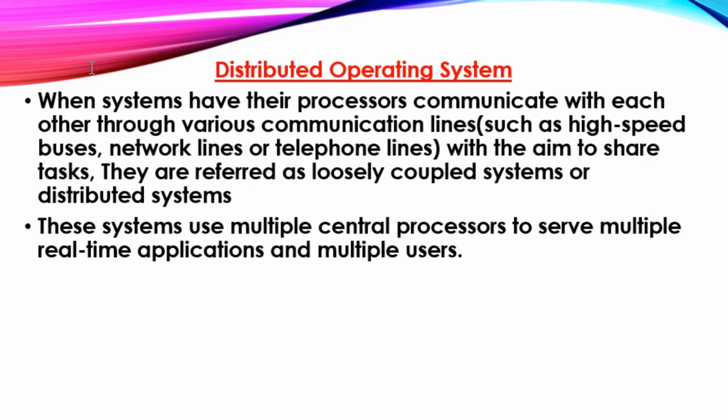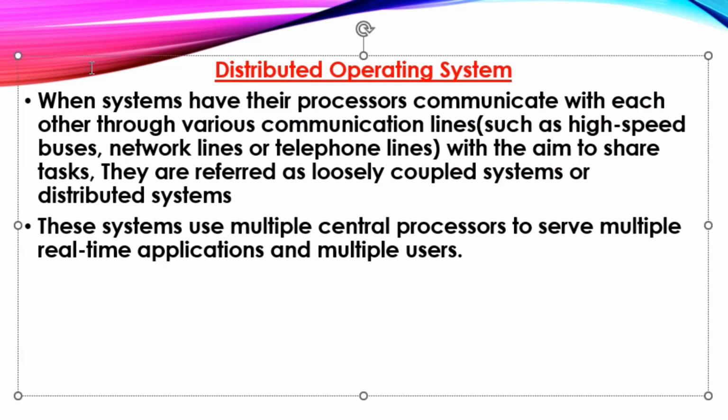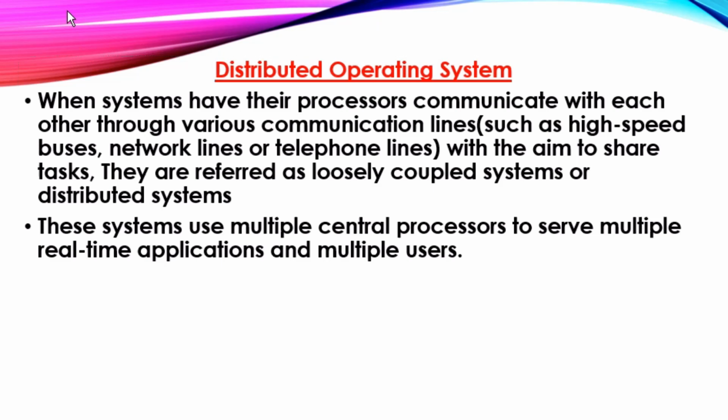When systems have their processors communicate with each other through various communication lines such as high-speed buses, network lines, or telephone lines with the aim to share tasks, they are referred to as loosely coupled systems or distributed systems. These systems use multiple central processors to serve multiple real-time applications and multiple users.